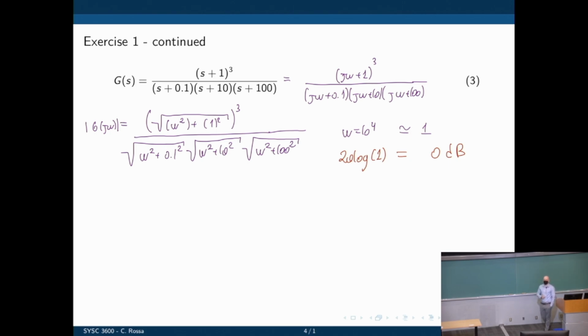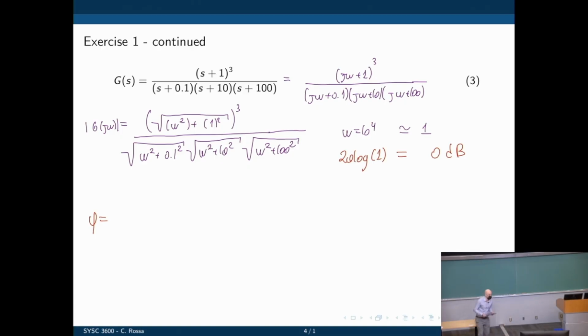Now let's see if the phase matches the Bode plot. What is the phase? Tell me the equation for the phase. The phase is the phase of all zeros minus the phase of all poles. The phase of one individual pole or zero is the inverse tangent of the imaginary divided by the real part.